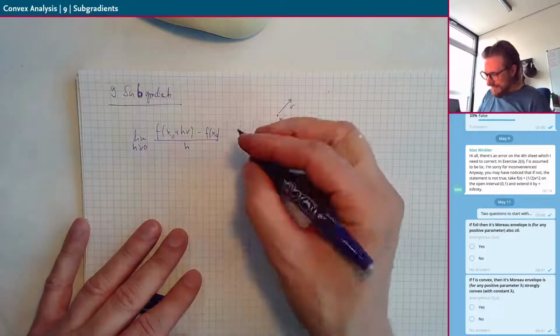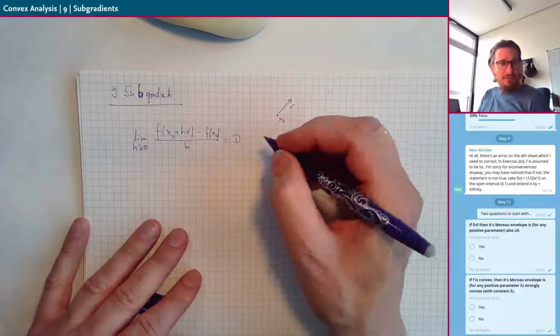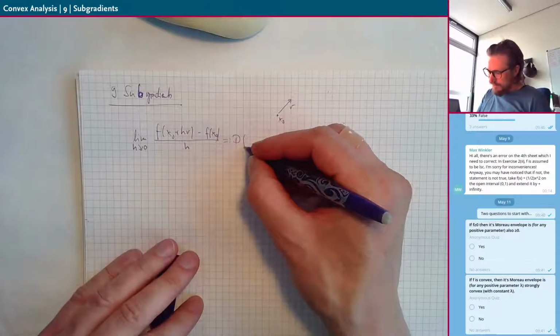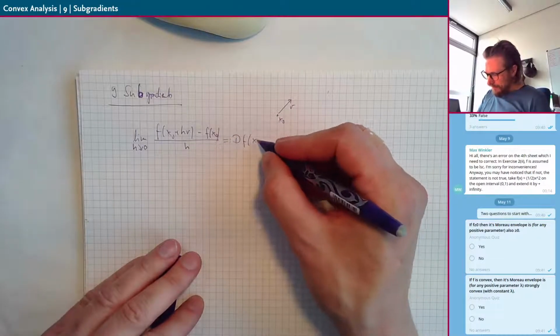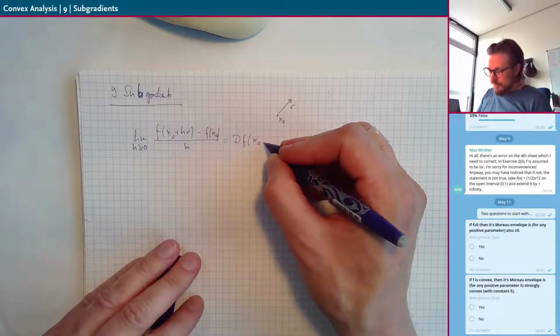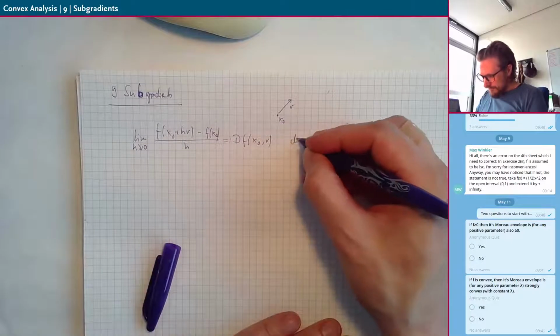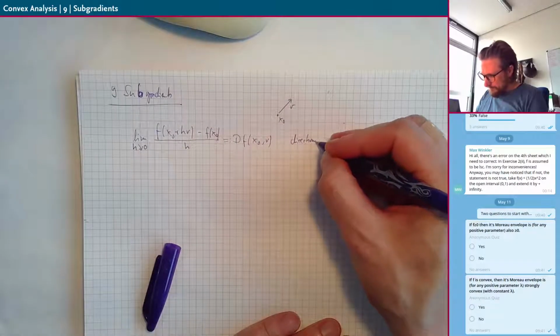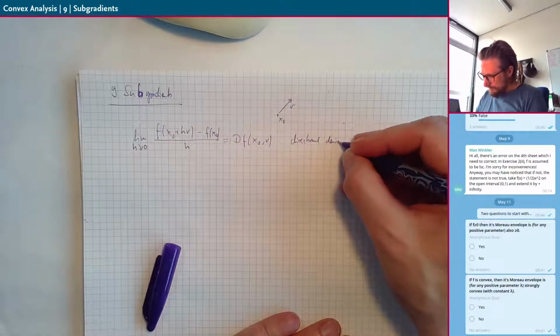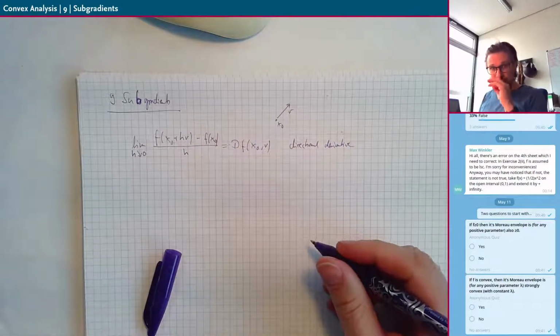This is exactly the directional derivative. Here it's denoted with a capital D of f at the point x0 in direction v. So this is the directional derivative, of course, in case it exists.